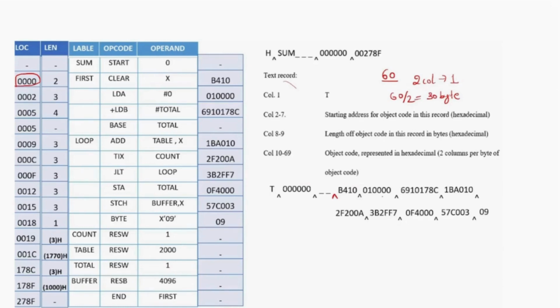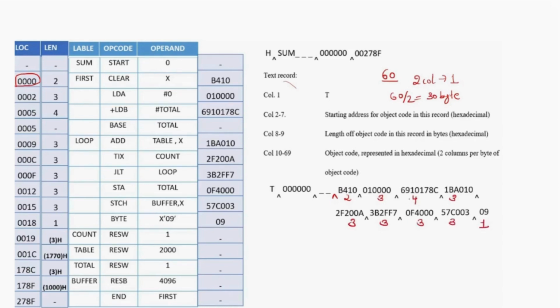Now I'll check the length. B410 has length 2 and 0100 has length 3. Then this is 4, 3, 3, 3, 3, 3 and 1.